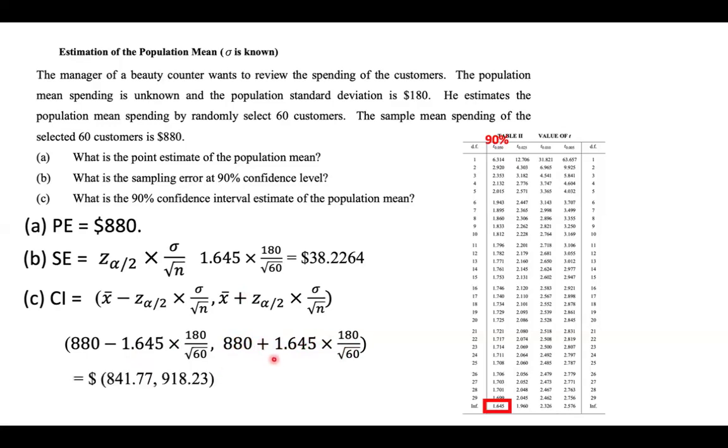So we put it into the calculator, and then we get this answer. So the confidence interval is from 841.77 to 918.23.